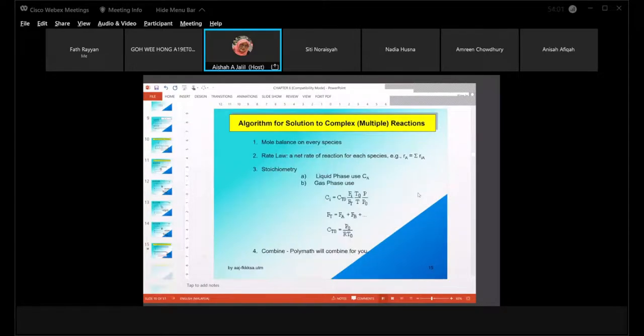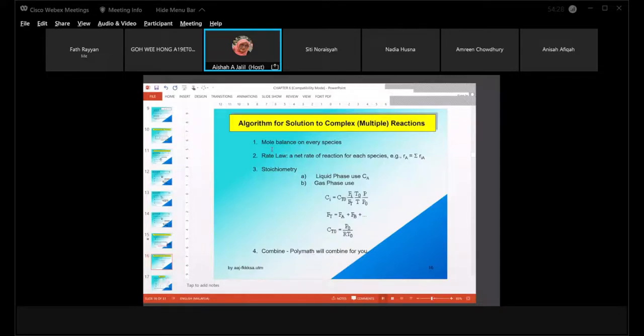And then this is our algorithm for solution to complex multiple reactions. This is not for your exam, I think, but for your assignment, because Polymath will combine for you. You cannot calculate in the test, because you do not have Polymath in the test or exam.